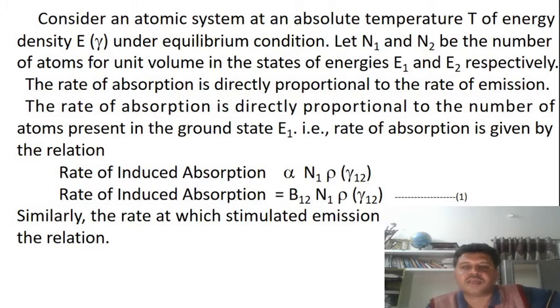This is a prime part of the production of laser light. How many electrons interact for the production of laser light, and how much energy density they have, is what we call the rate of absorption.